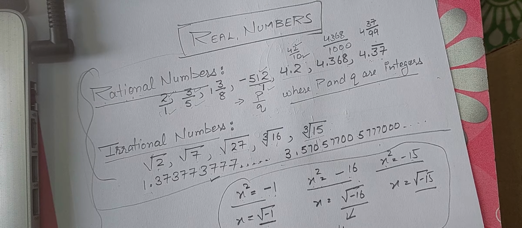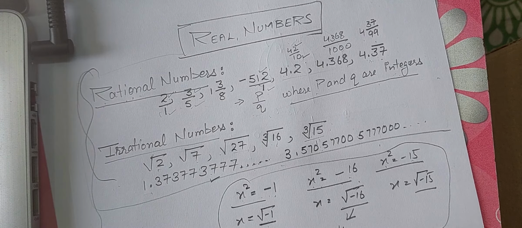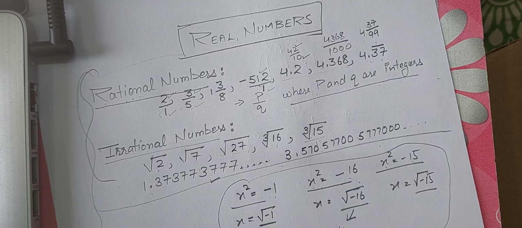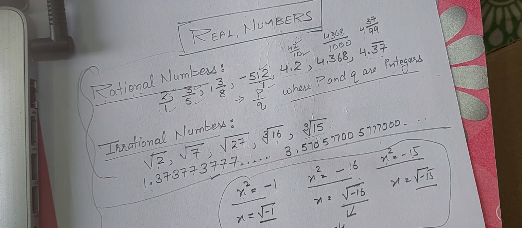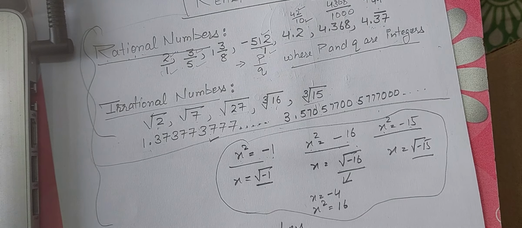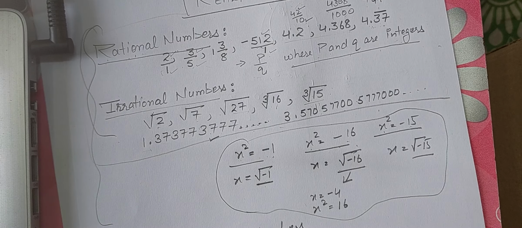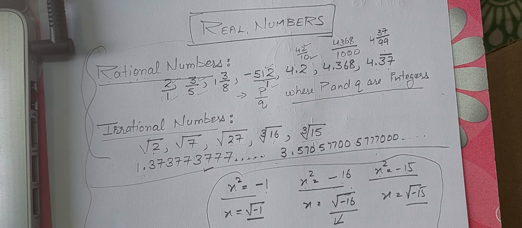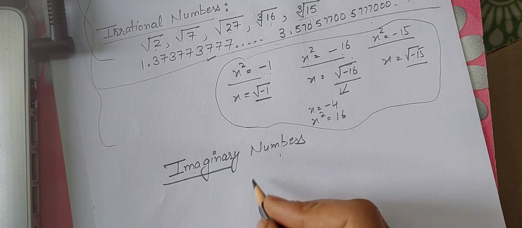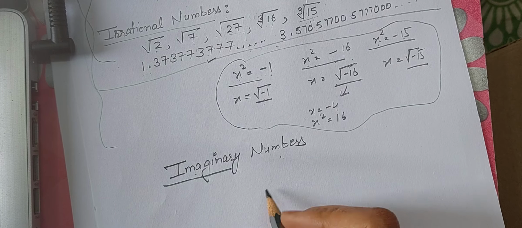If your number line unit is 1, you can find out how many units root 15 is. So when you can actually position them, that means they are real numbers. And imaginary numbers, we don't know what those numbers are, where they lie, that's why they have been named imaginary numbers.